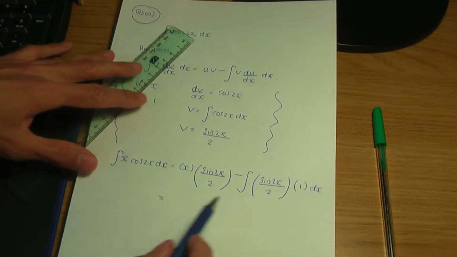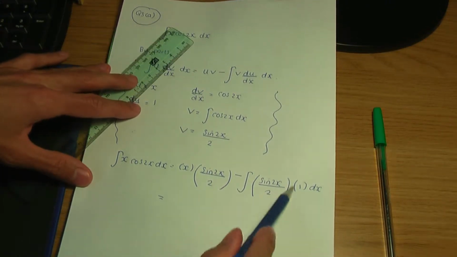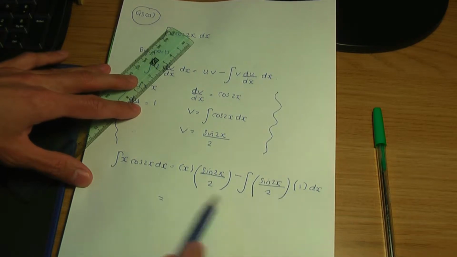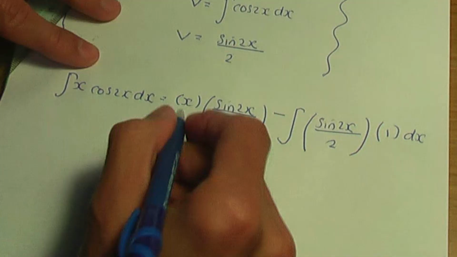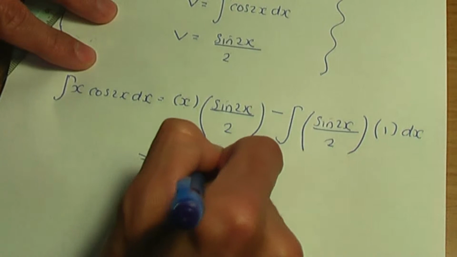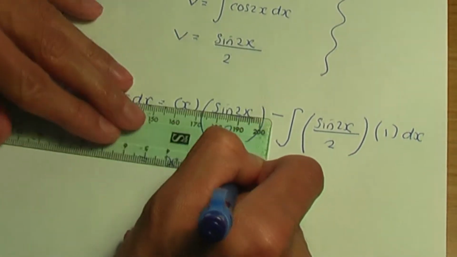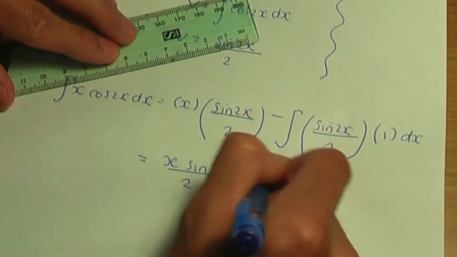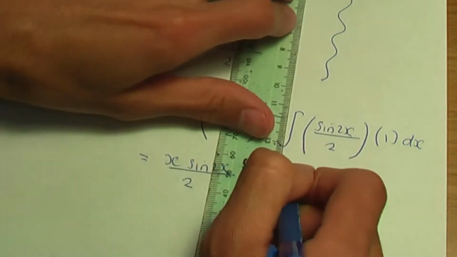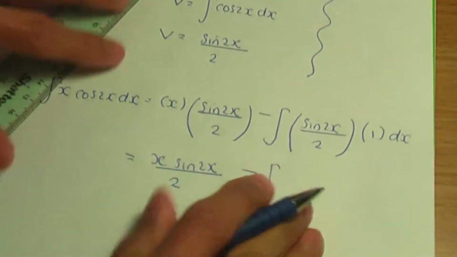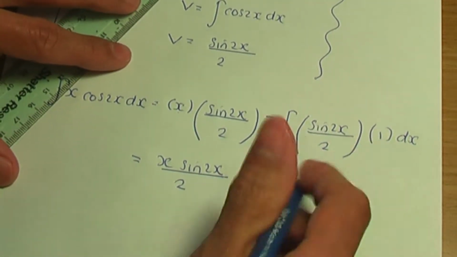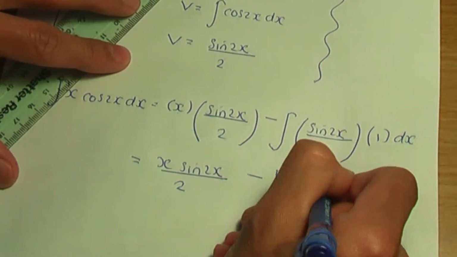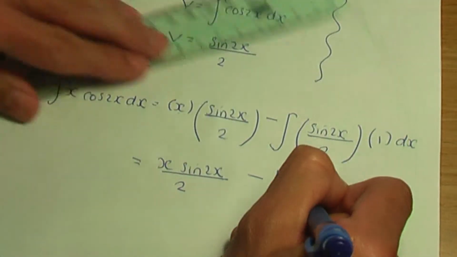Now what I would recommend is multiply the brackets before you actually integrate that term. So if I get rid of the brackets, we're going to have x sine 2x all over 2 minus the integration of sine 2x over 2 times 1, which is sine 2x over 2.